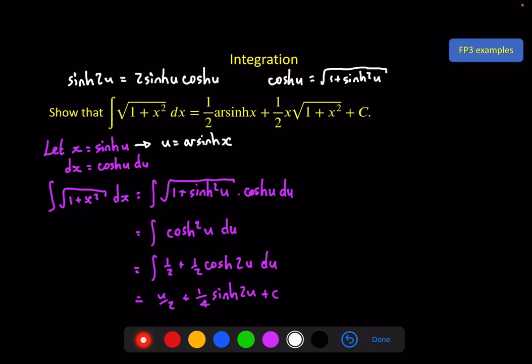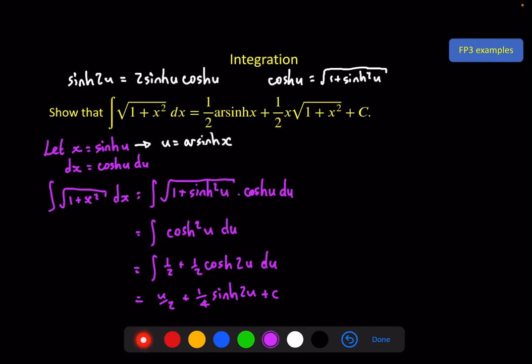And we know sinh u, anywhere we've got a sinh u, here this can become x squared because of this, and this can become x. So here we've got 2 times x times this thing, which is the square root of 1 plus x squared. And that explains this, and the 2, of course, cancels with the 4 to give us a half.